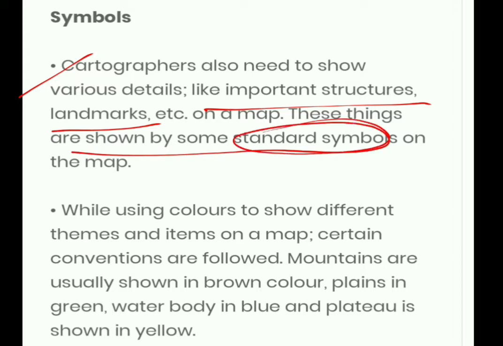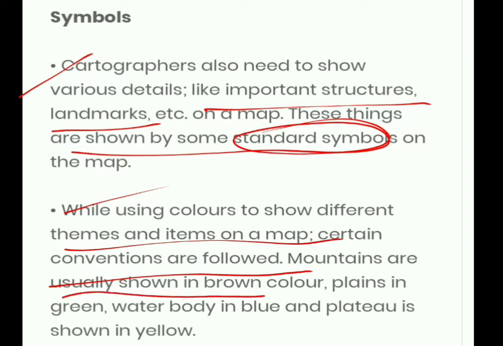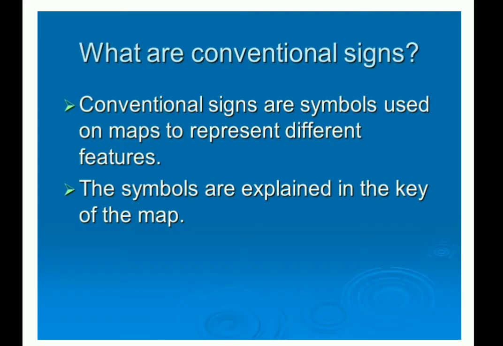While using colors to show different themes and items on a map, certain conventions are followed: mountains are usually shown in brown color, plains in green color, water bodies in blue color, and plateaus in yellow color. So colors are also used for highlighting the symbols.